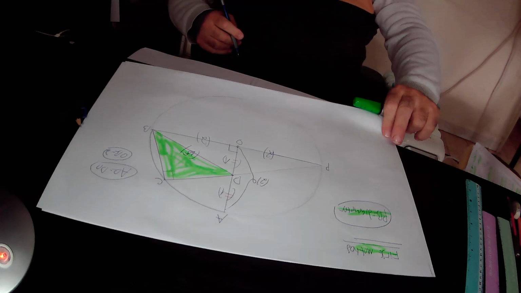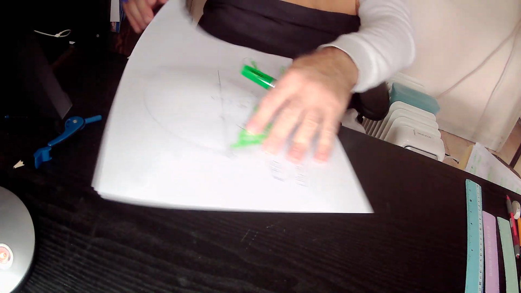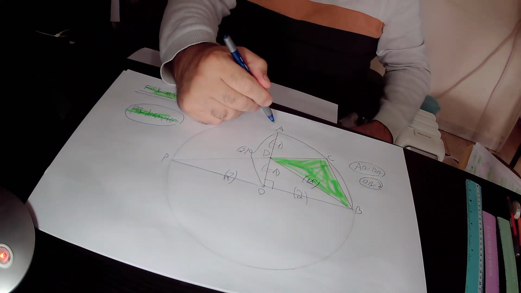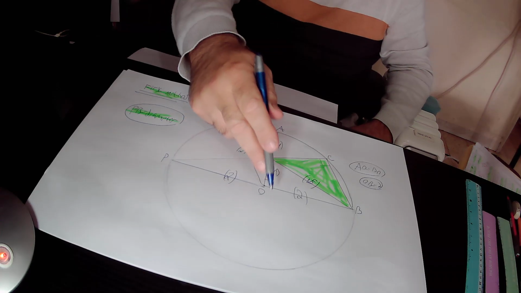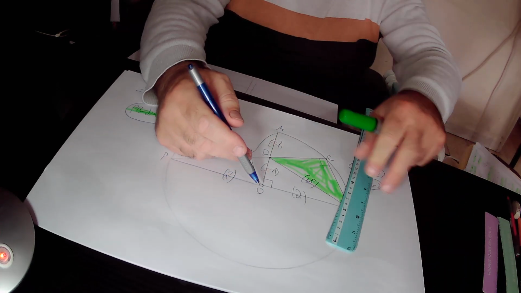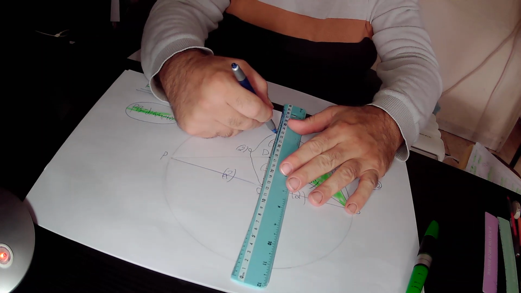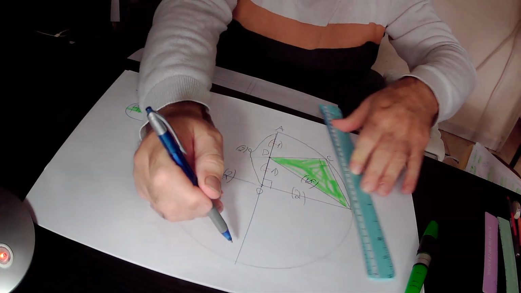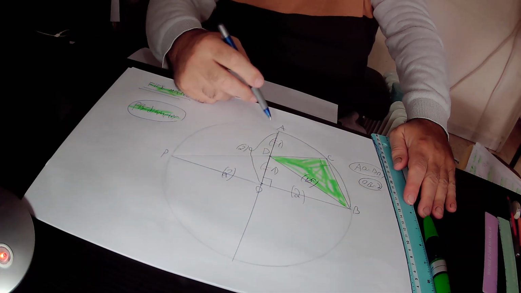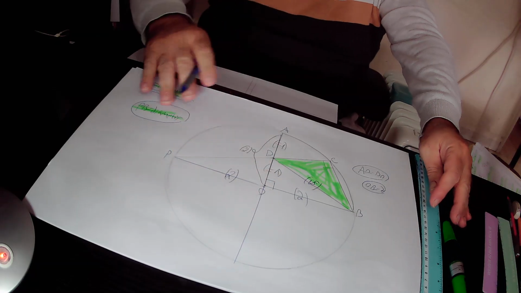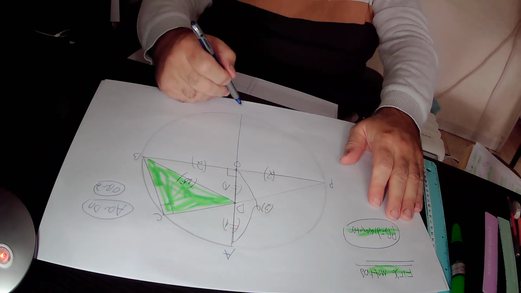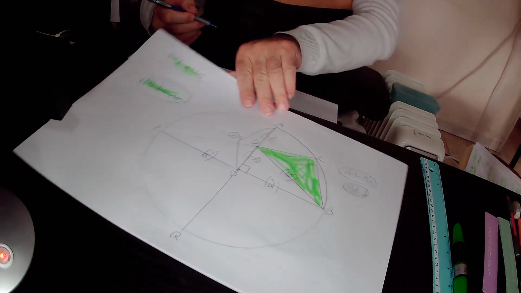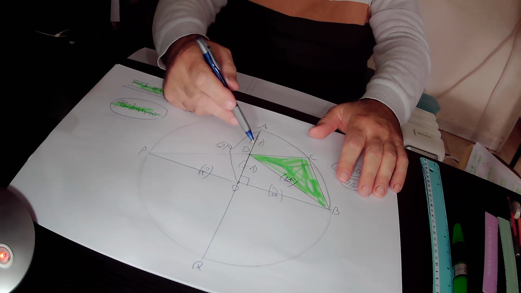The next step, we will extend the radius AO of this circle by a side line until it touches the circle. And the touching point of the extended radius AO with this circle is point Q. The radius AO is a straight line.